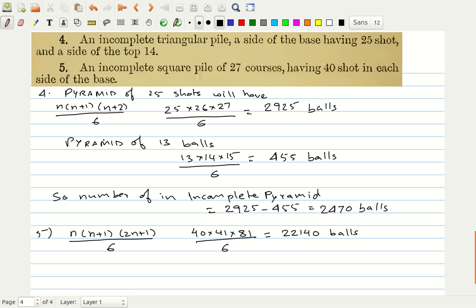right? But this is an incomplete pyramid with top layer of having 27 courses. So how many balls? 27 courses means if 40th is the first course, so 40.